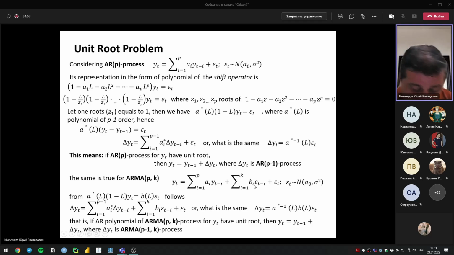If we represent the left and the right parts as polynomials of the shift operator, and on the left side, where we have an autoregression polynomial, we get at least one unit root, then we transform this into what corresponds to the process ARMA(p-1,q), but on the first difference delta y.